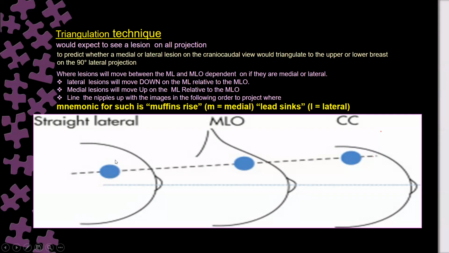If it moves down, expect it to be lateral. If it moves up on the straight lateral, expect it to be medial. Accordingly, medial, M for muffins, rises, and lateral sinks or falls, L for lateral.